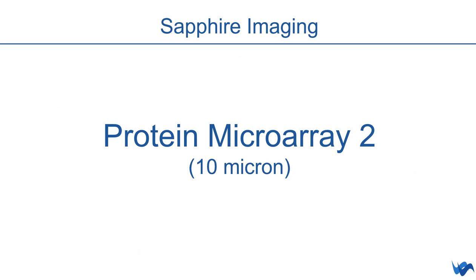Let me give you a second example of a protein microarray. This is the second one. Same method has been used here, only the format of the microarray is different. Look at this. Also here, I think around 3,000 protein spots. Okay, this is in 2 channels.